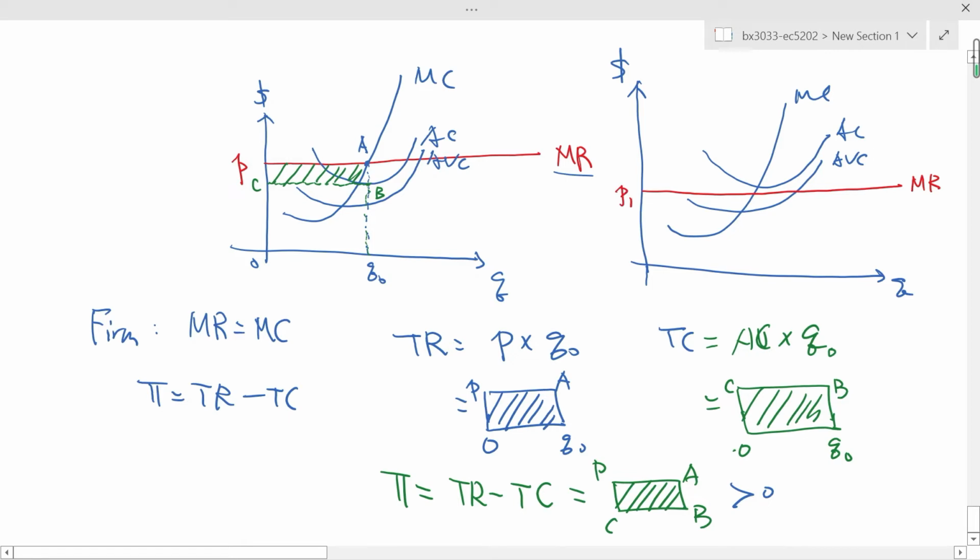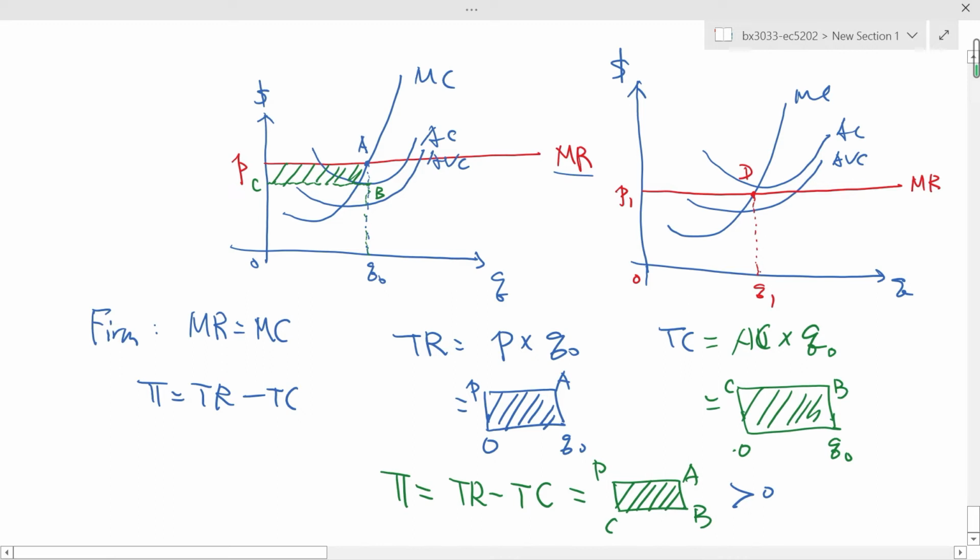Again the best the firm can do is follow MR equal to MC, which is the intersection point of MR and MC. Let me call this point D. That means a quantity of Q1, and total revenue is OP1 D Q1.